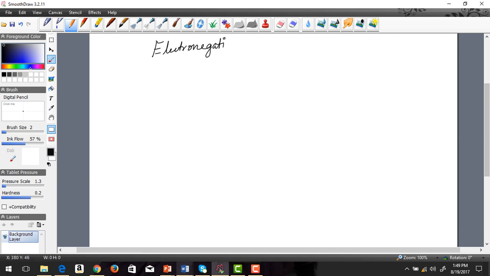Obviously, if you literally read it, this translates into electron, and this translates into negative. So we're dealing with electronegativity.